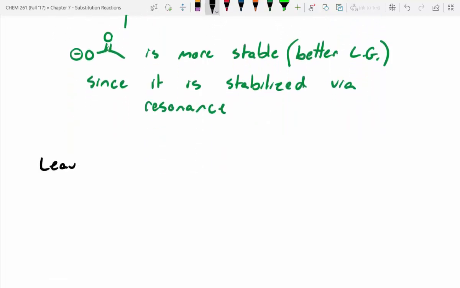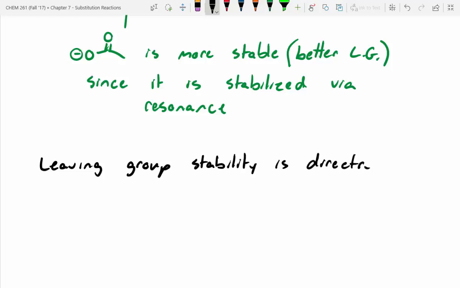So leaving group stability is directly related to stability of a conjugate base.